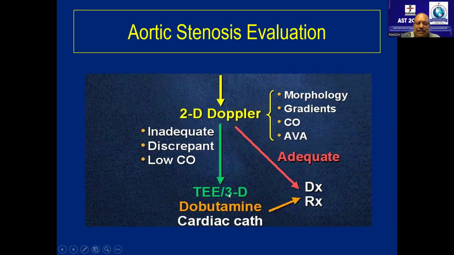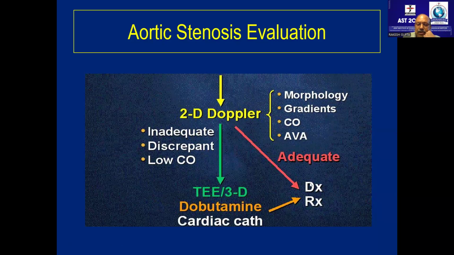Look at this slide. This slide is almost 2 decades old, from Mayo Clinic, Rochester, and even today it plays a lot of role in the diagnosis of aortic stenosis. What does it talk about? It talks about 4 important things: morphology, gradients, cardiac output, aortic valve area.